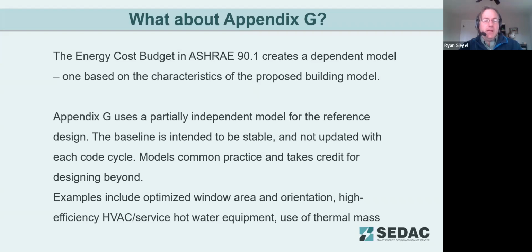So rather than the baseline being changed with each cycle, it uses a standard baseline and then says each cycle you have to be a certain percentage better than that, and each code cycle that increases how much better you need it to be. So these also can take advantage of practices that may be highly beneficial, but perhaps not as common. So designing better than common practice can also be useful in Appendix G. And as noted earlier, this is commonly used if you're doing a LEED project. Appendix G we see much more frequently there.